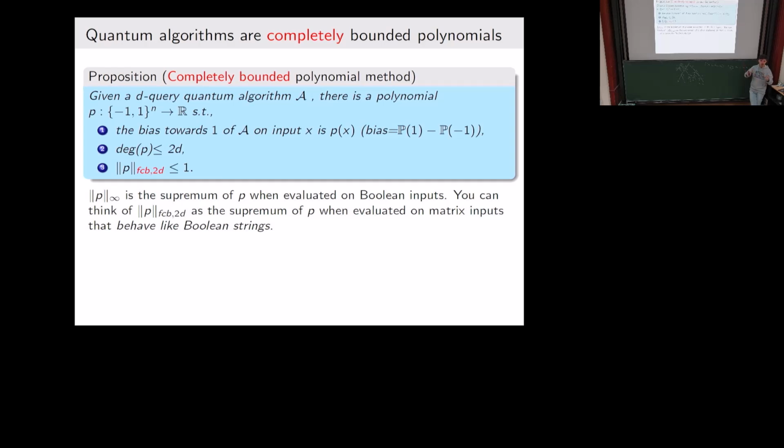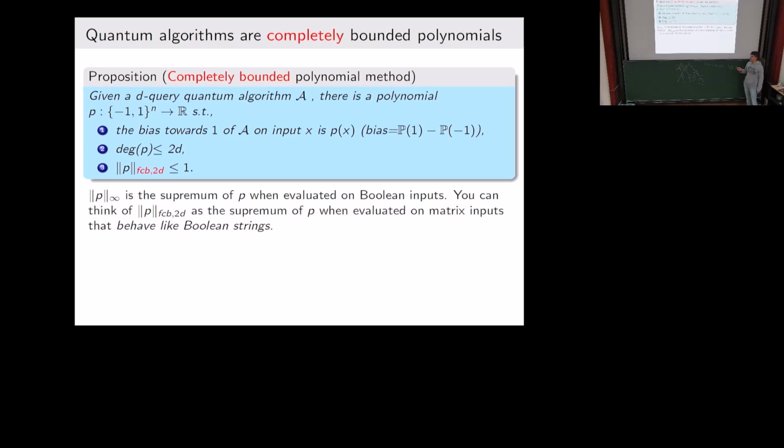So we are going to define with precision what is behaving like Boolean strings in the second part of the talk, but for the moment, just think that the infinity norm can be relaxed, allowing also more elements in the supremum that are matrices that behave like Boolean strings.